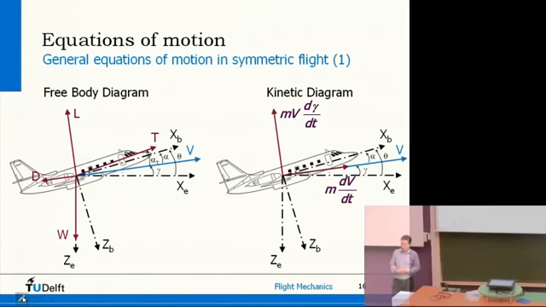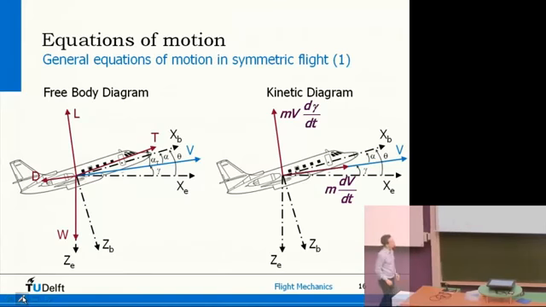So the aircraft might be accelerating, hence you have airspeed varying with time, so the component parallel to the airspeed. And there may be a vertical acceleration, which you probably know as mv squared over r.